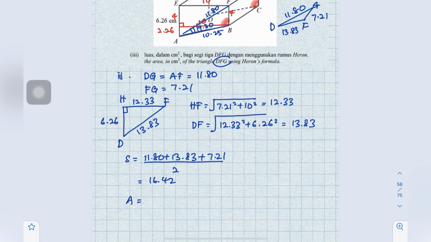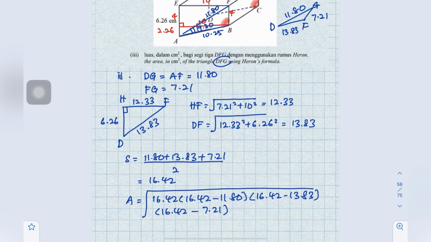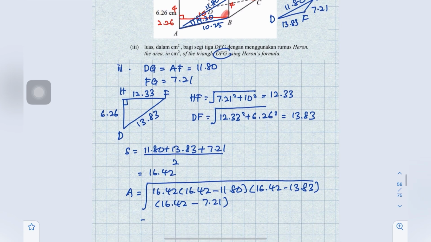So area equals to, ni lah S, iaitu 16.42, so 16.42 minus 11.80, so then 16.42 minus 13.83, times lagi dengan 16.42 minus 7.21. Okey, semua ni kita square root kan. So nanti akan dapat the area is 42.54.